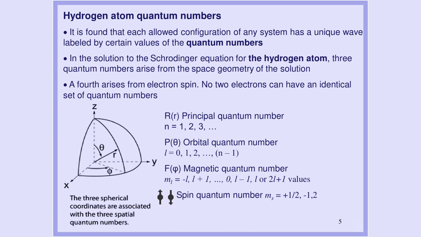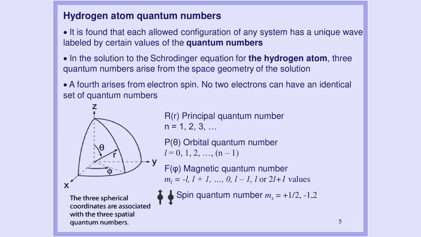What are these quantum numbers? The first is the principal quantum number, marked by the symbol n small, and it is any integer starting from 1. The next is the orbital quantum number, which runs from 0 up to n minus 1.